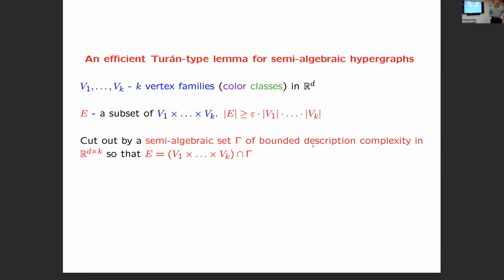This is the assumption, and such hypergraphs have proven to be tremendously useful. And in fact, this is the main class of hypergraphs that arise in computational geometry.